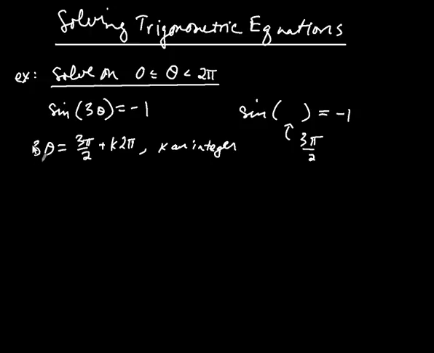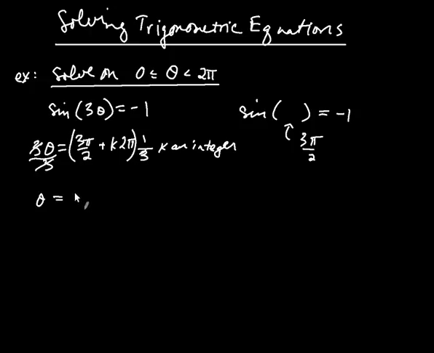And what we're going to do now is divide by 3. So we're going to take this equation and divide by 3. Now dividing by 3, of course, is the same thing as multiplying by a third. So let's take this right hand side and we'll write times 1 over 3. So this left hand side is just theta, and then when you distribute this 1/3, the 3's are going to cancel.